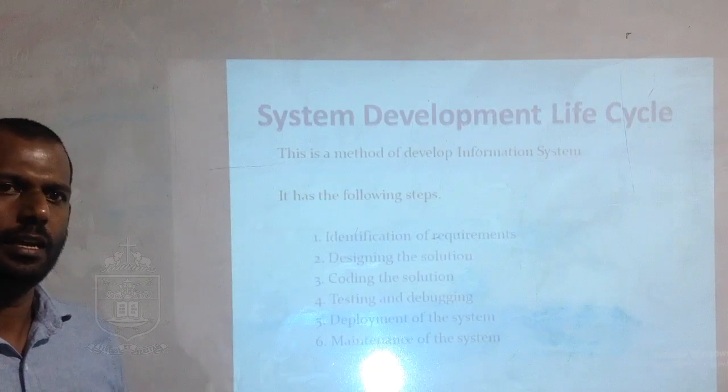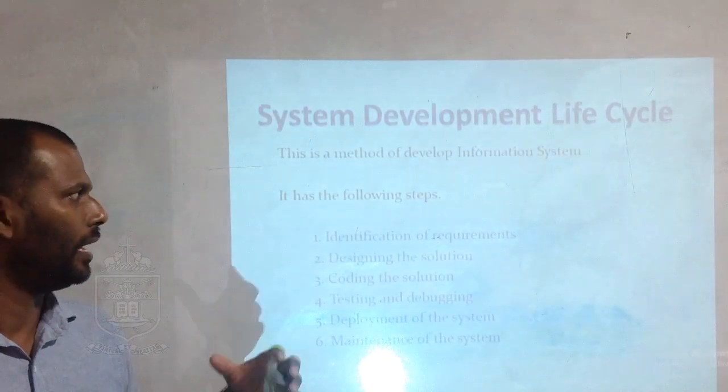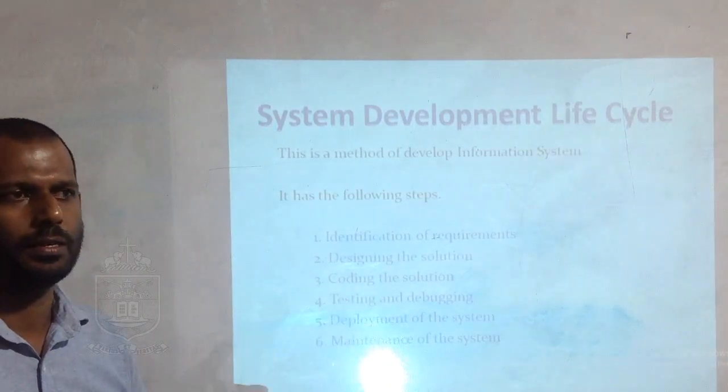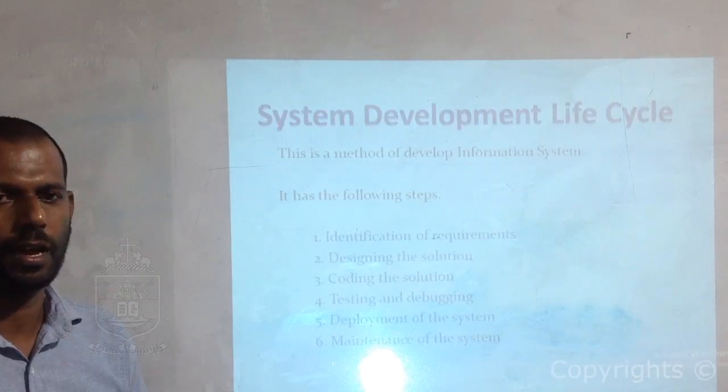These are the basic 6 stages of the system development life cycle. In each stage we do a separate set of things to implement our software.